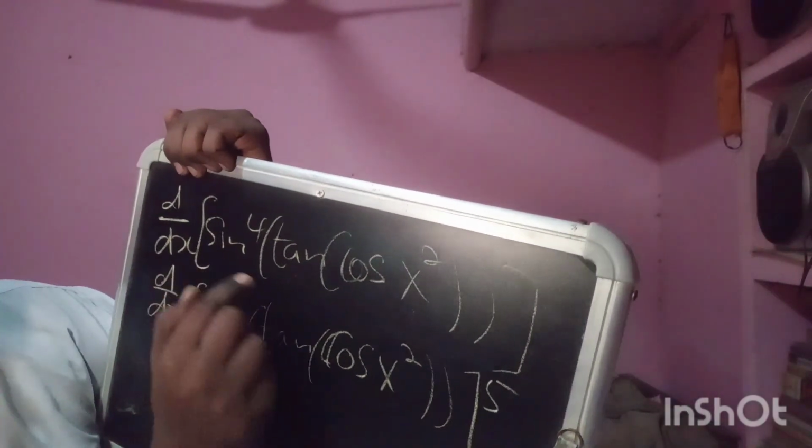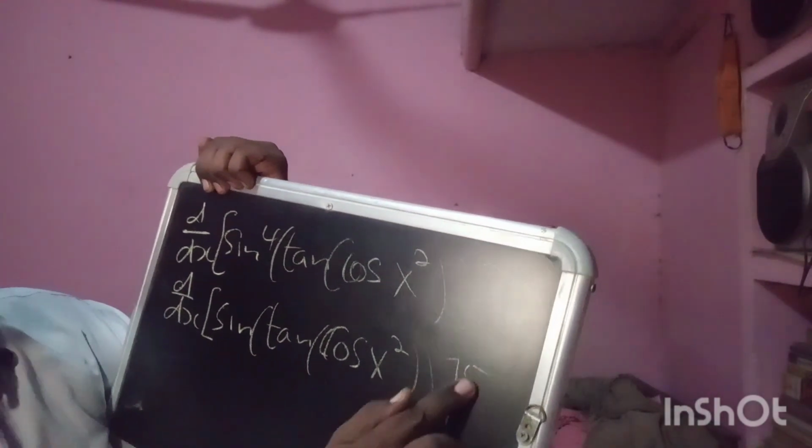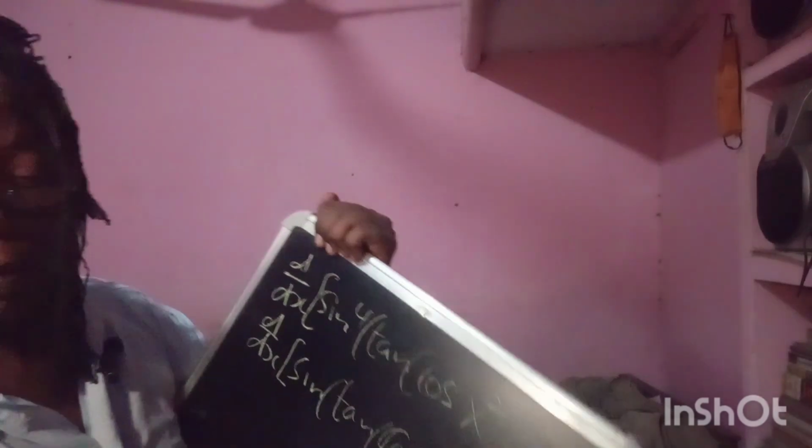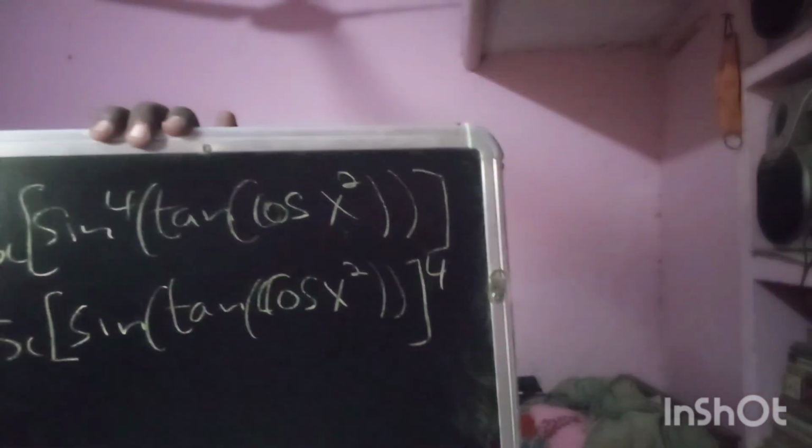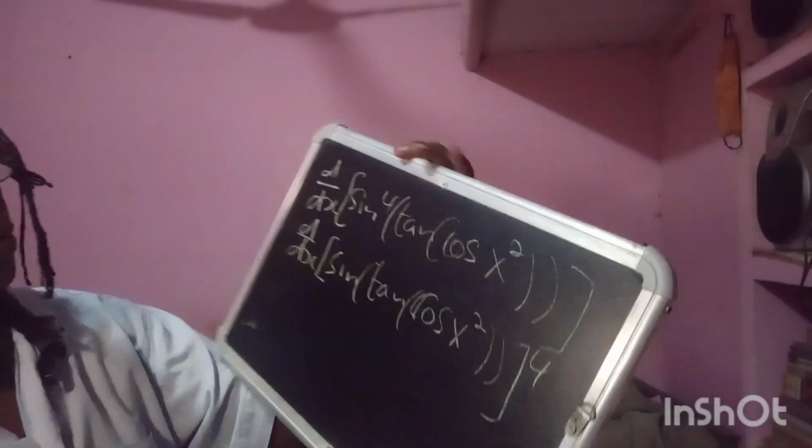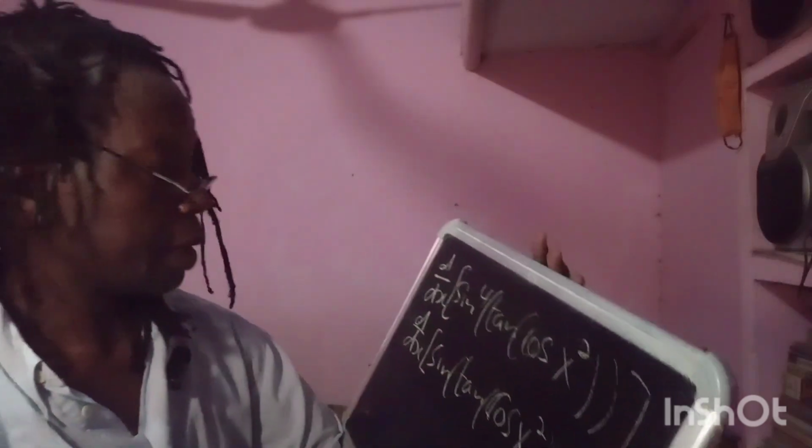Sorry, what have I written here? Sine 4. So this is 4 actually, so I'm writing 5, this is sine 4. So we'll be able to differentiate this one. Now let's see what happens next: we have to bring 4 in front.